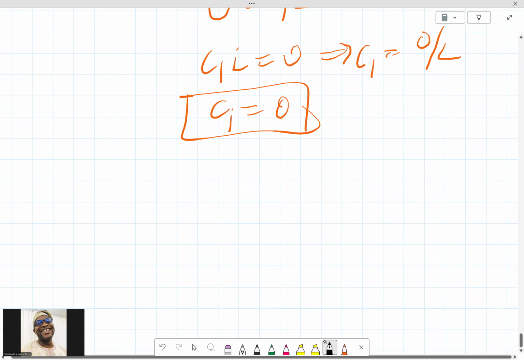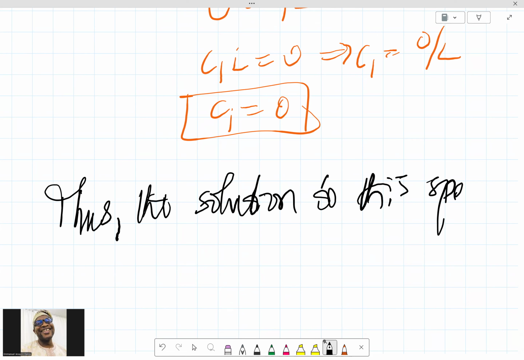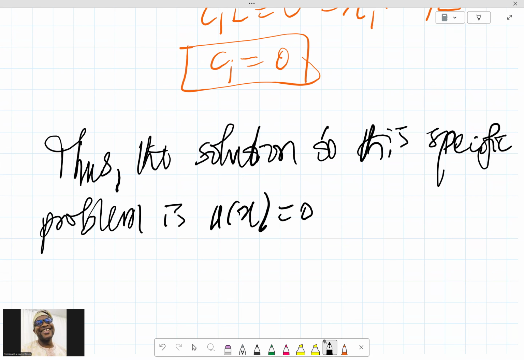In that case, we can say thus the solution to this specific problem is u of x equals 0.